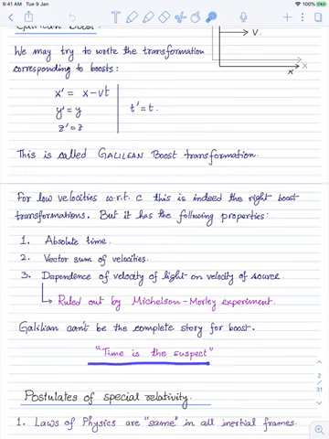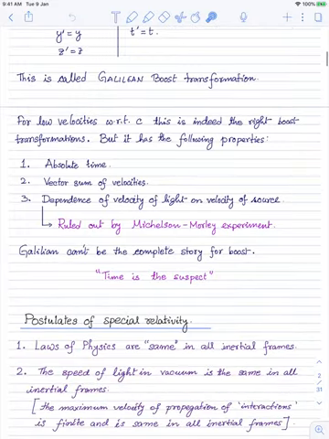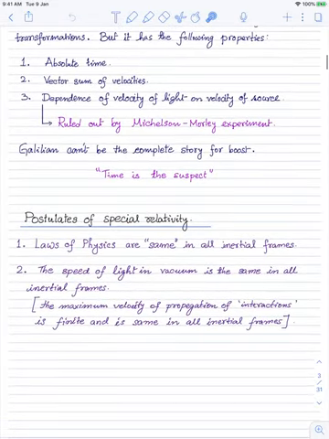Einstein remarked that time is the suspect in all of these deliberations. So the key idea is to come up with a principle which would violate this idea of absolute time, and which will be consistent with observations.